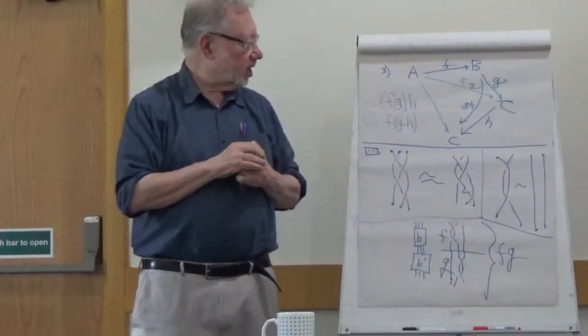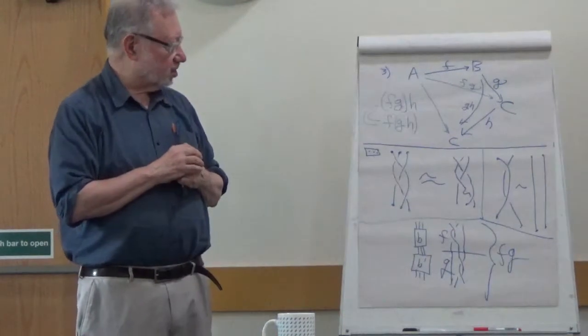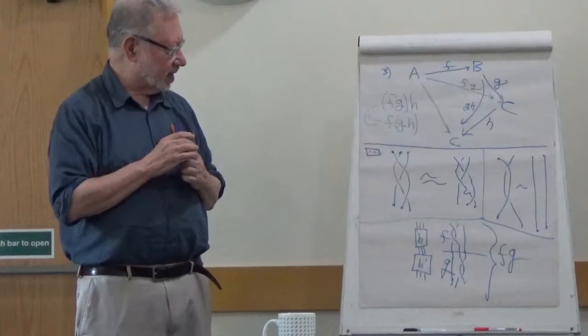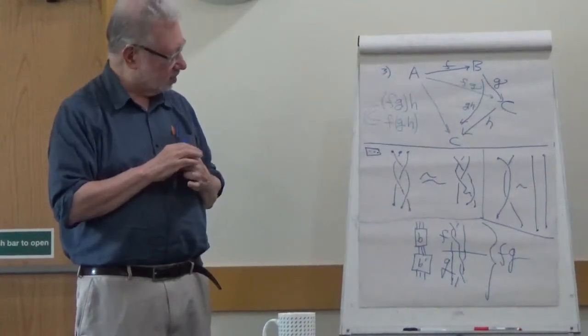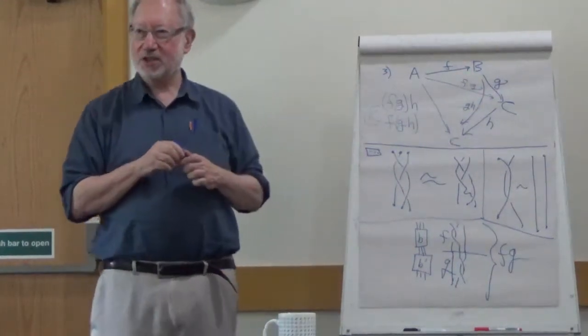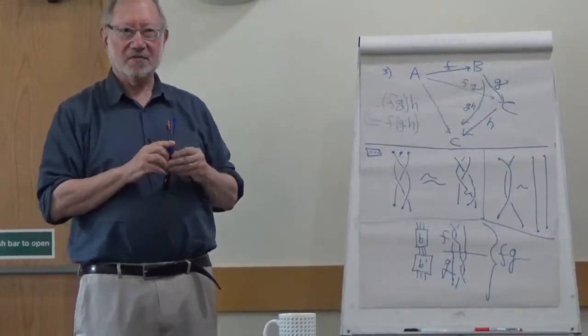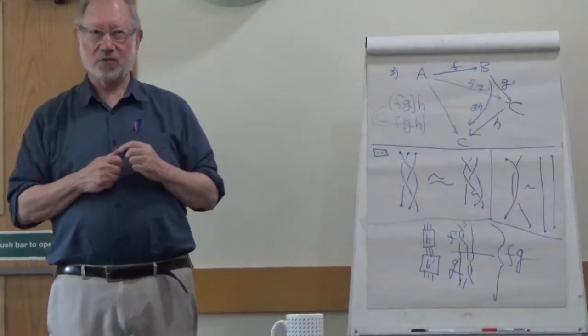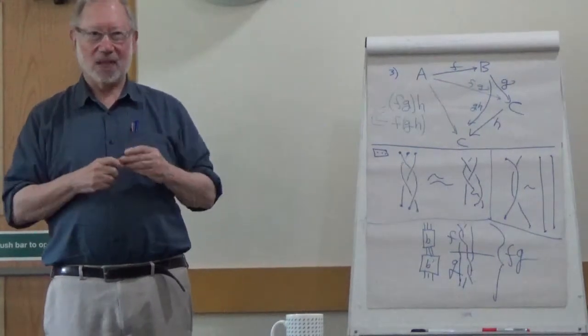So, it's when you see something like that that you might change your mind and think that categories are an interesting subject. If you're a topologist, I don't know what changes your mind. If you're a computer scientist or someone else, there are lots of other motivations, but I'm talking about topological motivations for categories here.